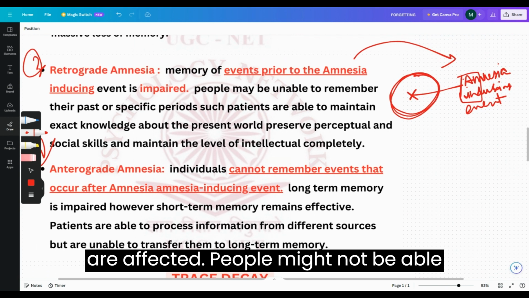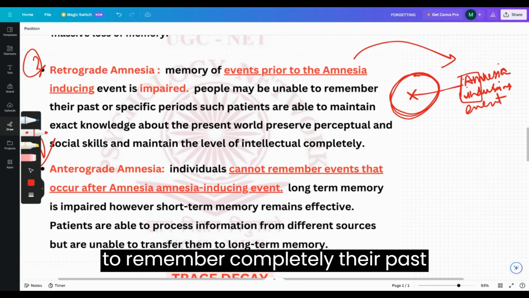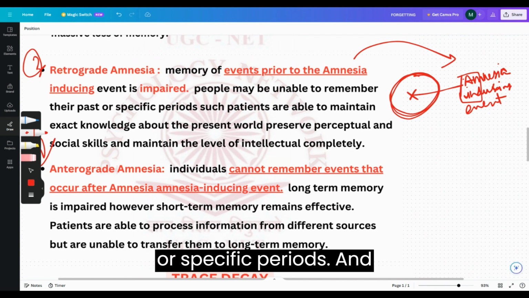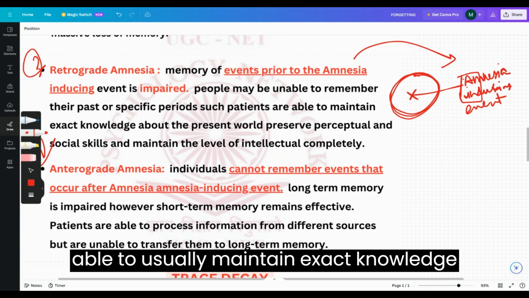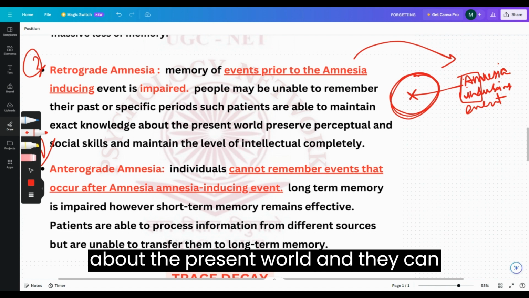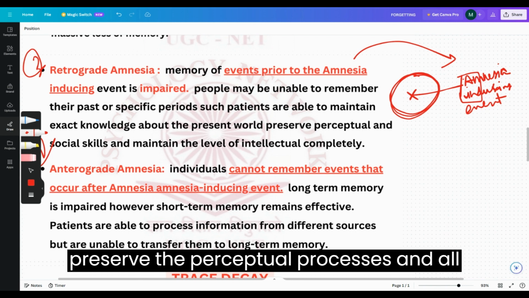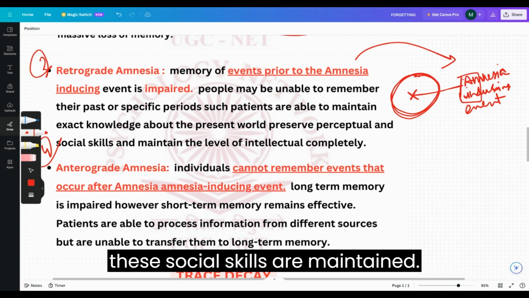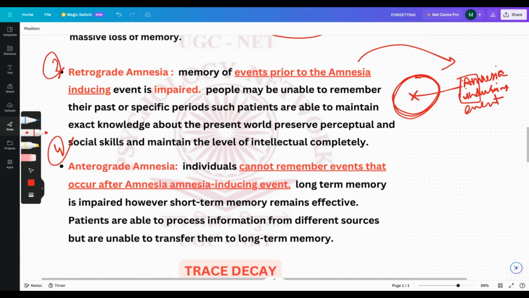People might not be able to remember completely their past or specific periods, but they are usually able to maintain exact knowledge about the present world, and they can preserve the perceptual processes, and all these social skills are maintained.